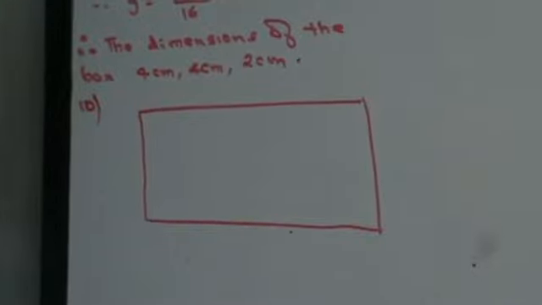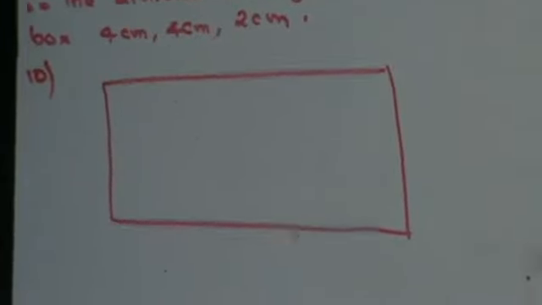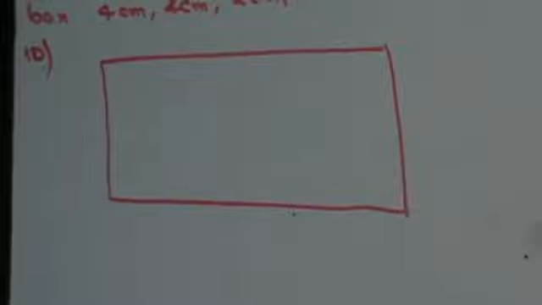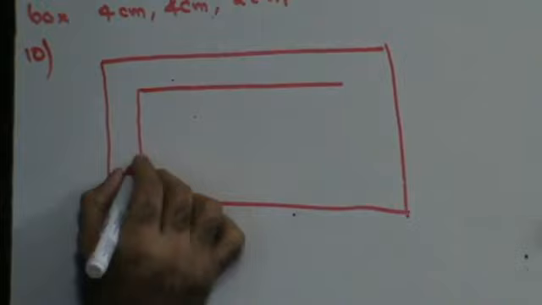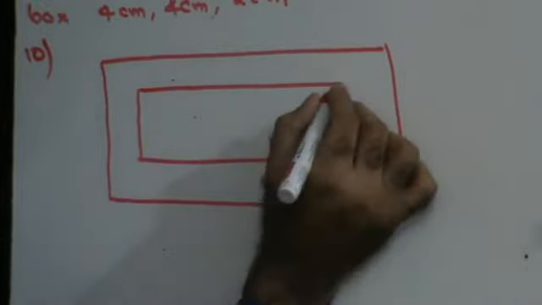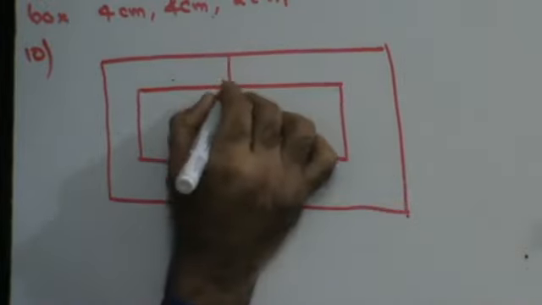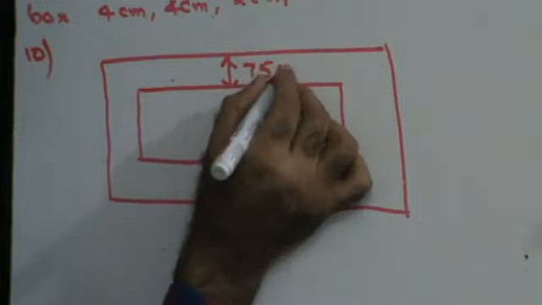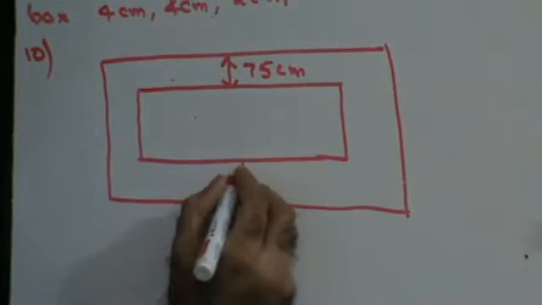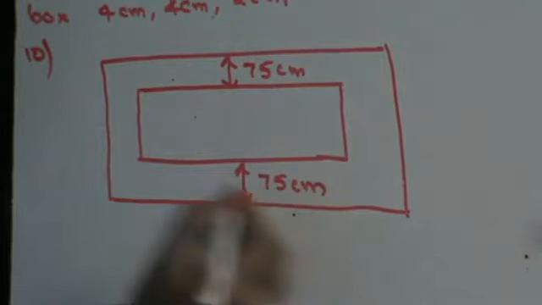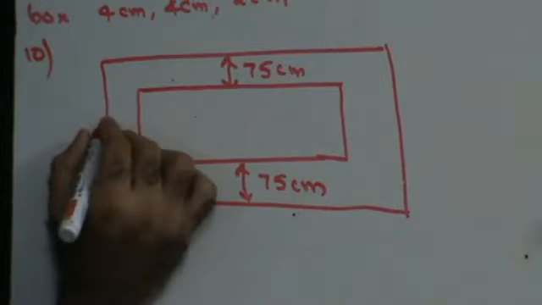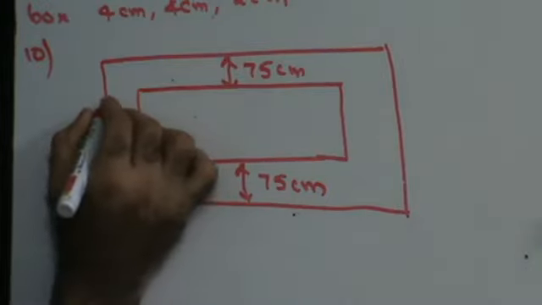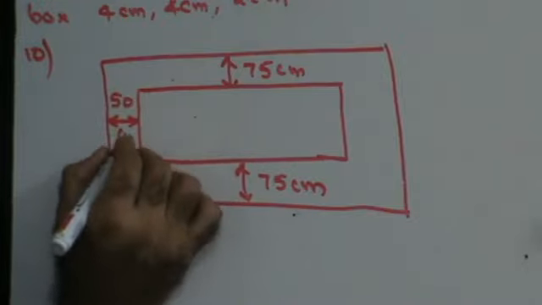The margin at the top and bottom is 75 centimeters, and at the sides is 50 centimeters each.